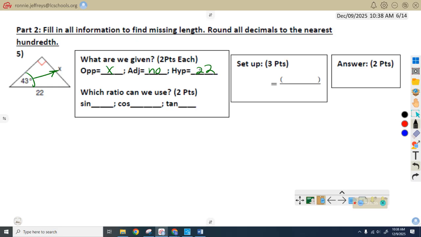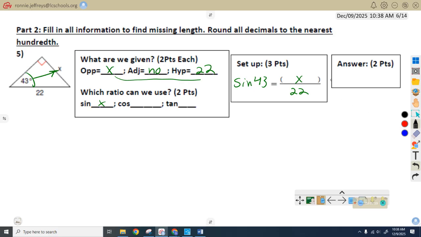This little statement right here that I've already written, that's 6 points right there. All right. Which ratio uses opposite and hypotenuse? Sine. Okay. The setup. The sine of 43 is x over 22.